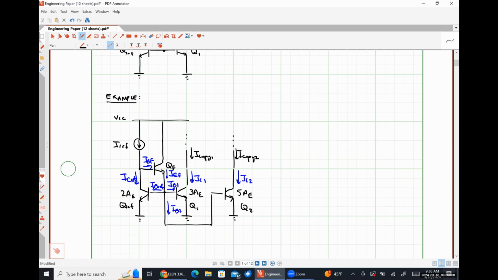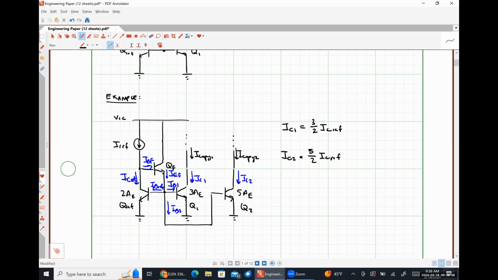So from that, we can say that IC1 is still going to be 3/2 of ICref, and IC2 is still going to be 5/2 of ICref. Are we all okay with that? Nothing really changed there. Okay.